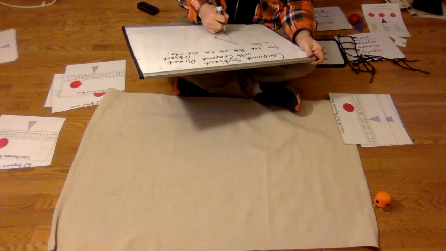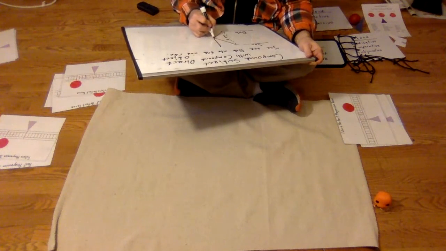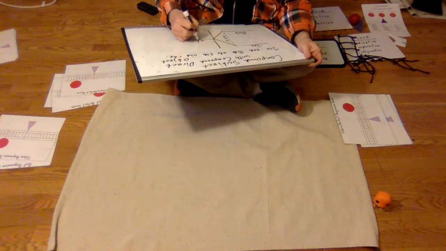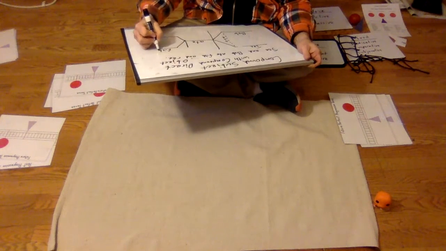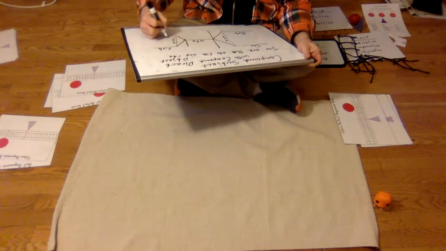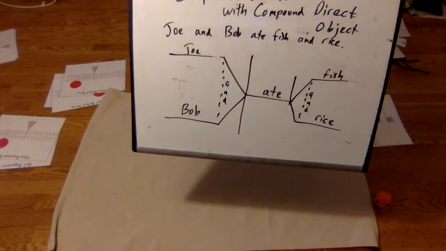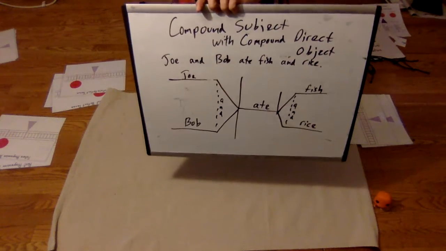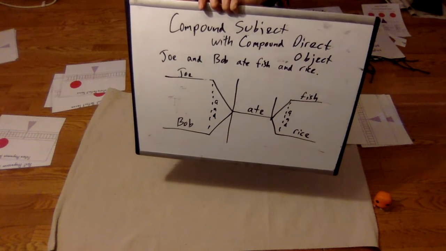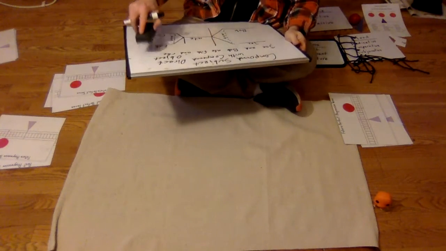Joe and Bob ate fish and rice. So notice I have the direct object line followed by the compound direct object. So that is the correct way of doing this one. So deeply sorry for the mistake, but that is correct. Joe and Bob ate fish and rice. Okay, good one.